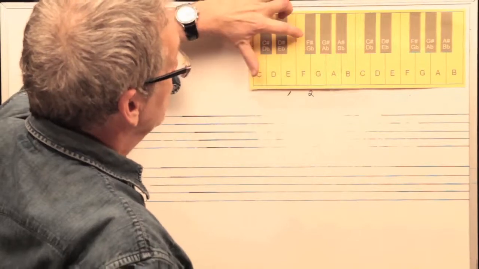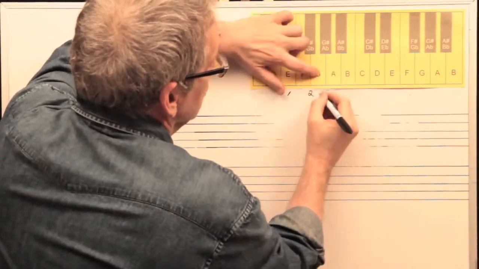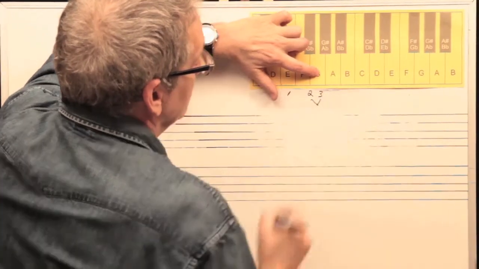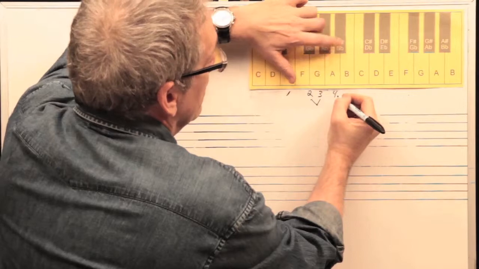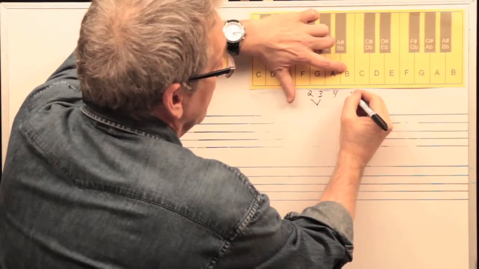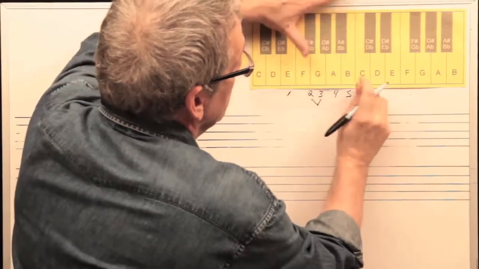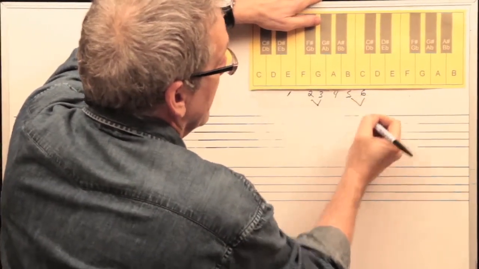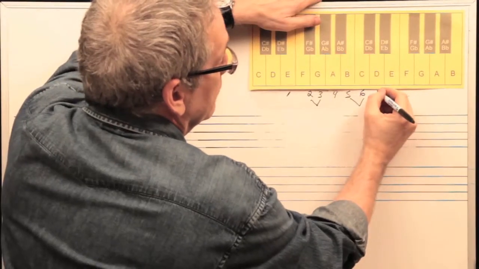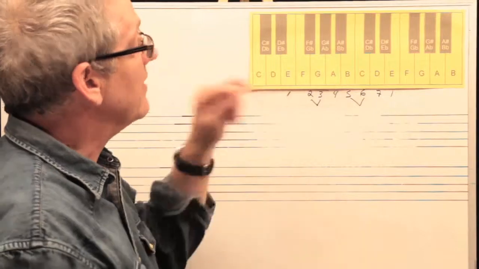Between 2 and 3 is a half step, so it would take us to the G. There's our half step. Then a whole step between 3 and 4, a whole step between 4 and 5, and a half step between 5 and 6, so it would be C natural. Then there's our other half step, and then D, and then E again, back to 1 again. And that's your E minor scale.